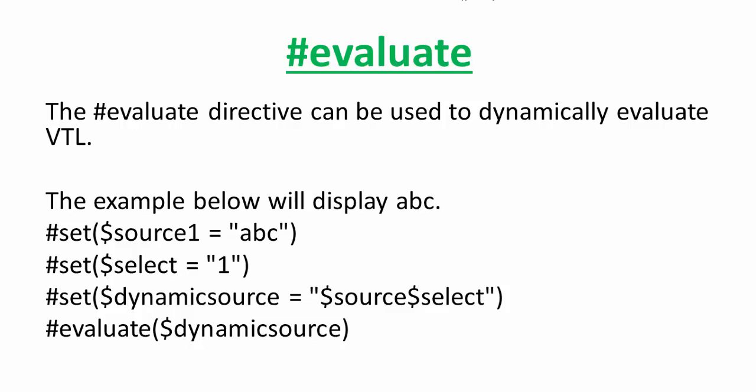We can use it like this. This will display ABC. I'm setting ABC in source 1 and then select 1, and then this source select 1. So this select 1 resolves to 1 and it becomes source 1, and finally it will display ABC.